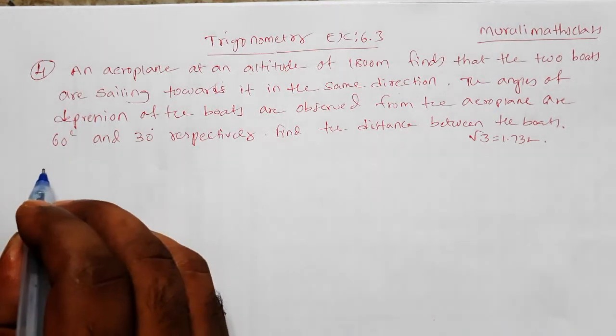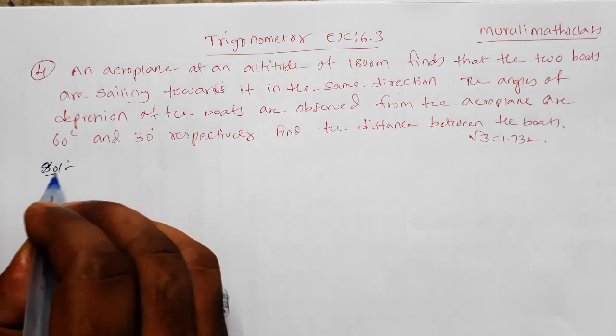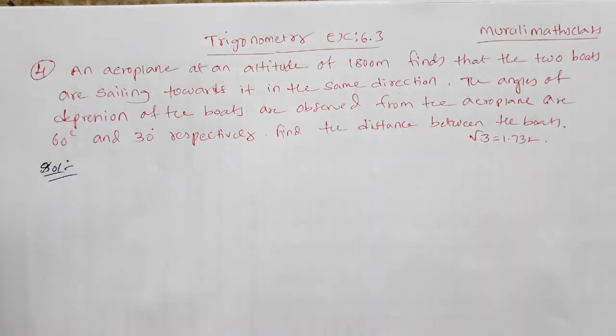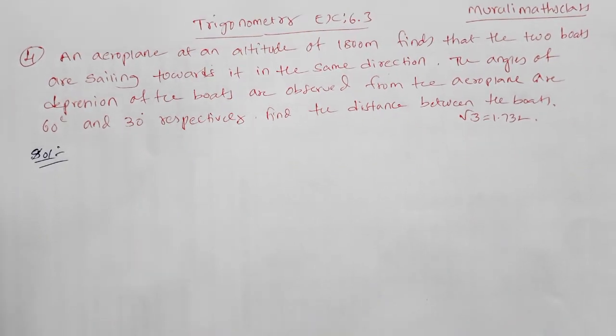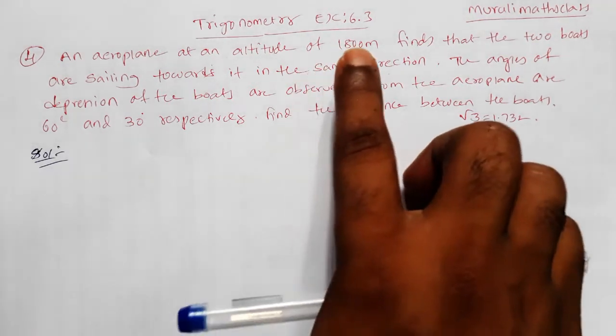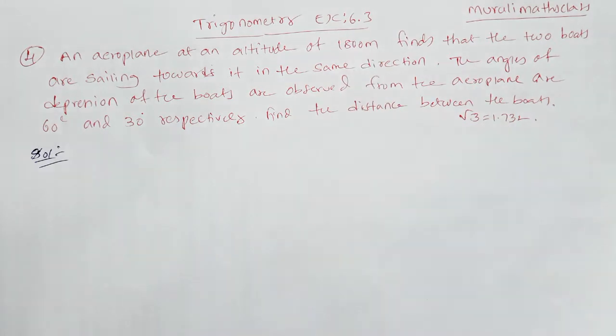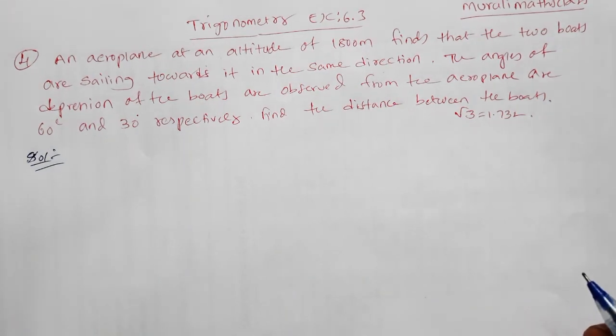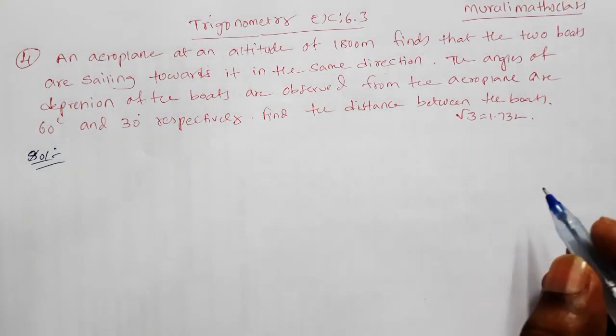So now first we have to draw the diagram, then we can find the answer. Read the problem, from that we can draw the diagram. An aeroplane at an altitude of 1800 meters.